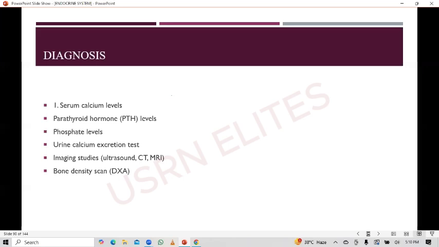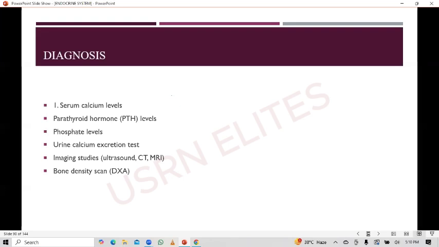Anytime it goes below 8.6, then we know there is hypocalcemia. If the calcium level goes above 10.2, that is hypercalcemia, because the parathyroid gland is producing more of the parathyroid hormone, keeping more of the calcium levels. Then we have hypercalcemia.